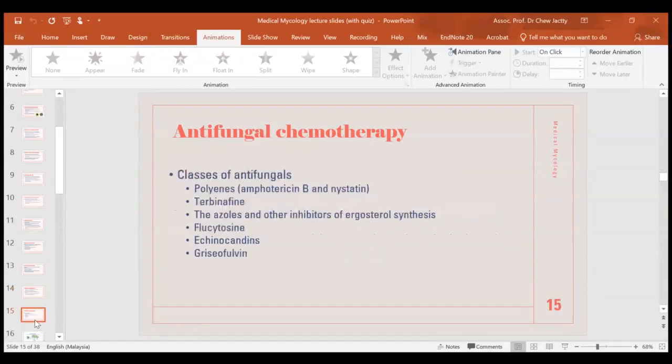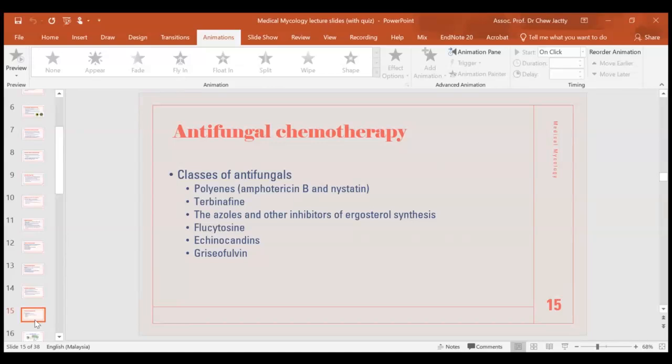If you look at antifungal chemotherapy, there are only 6 classes of antifungal. The order of these antifungals differs slightly from the next few slides. I rearranged this to make it easier to see what the commonalities are among the 6.